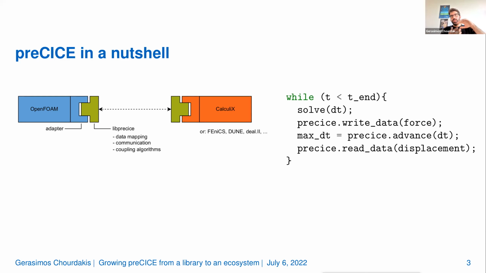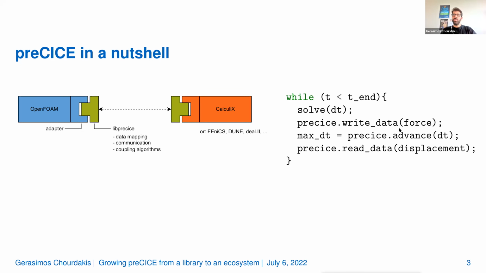But this is a picture. How does it look in code? Now, in every simulation code, you usually have a transient loop. You have a solution step where you solve for your current time step size, and then you need to call preCICE. You need to inform preCICE about the new values you got on the boundary.